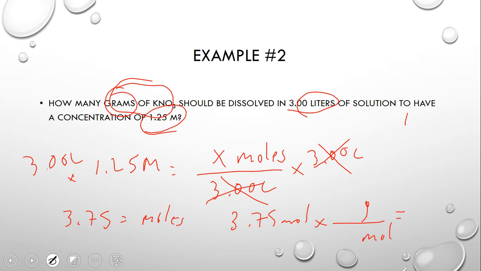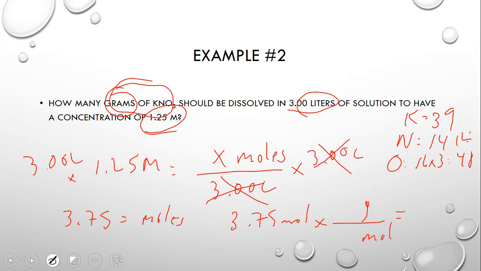So potassium is 39, and I'm doing this without anything, so hopefully this is right. Nitrogen is 14, and oxygen is 16 times 3 of them in this case. So that is 48.